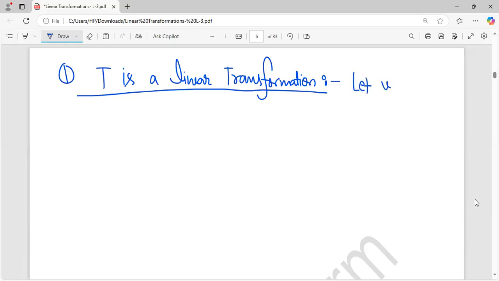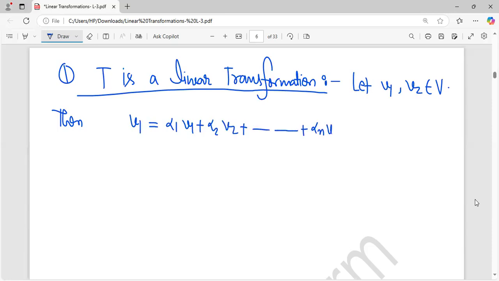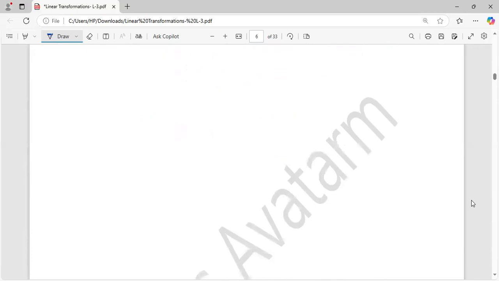So let v1, v2 belong to V. Then v1 is alpha 1 v1 + alpha 2 v2 + ... + alpha n vn, and v2 is equal to beta 1 v1 + beta 2 v2 + ... + beta n vn. Let alpha, beta belong to the field.